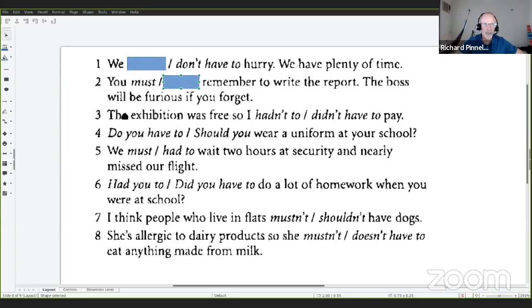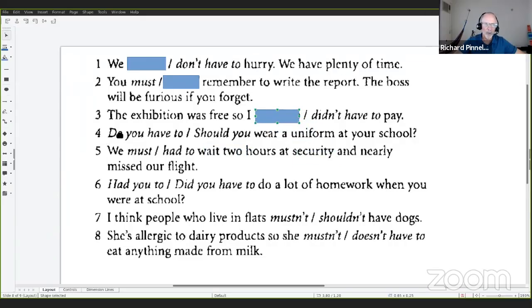Good. The exhibition was free. So I didn't have to pay. Don't have to pay. Yeah, very good. I didn't have to pay. So we can put that there, over that there, yeah.